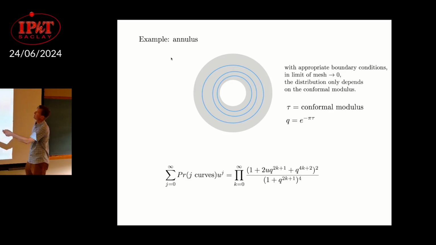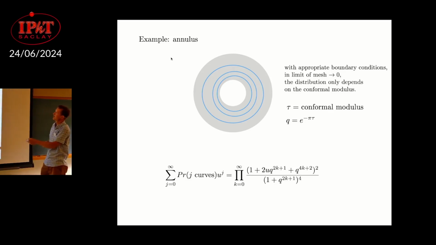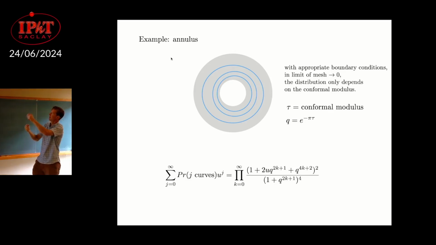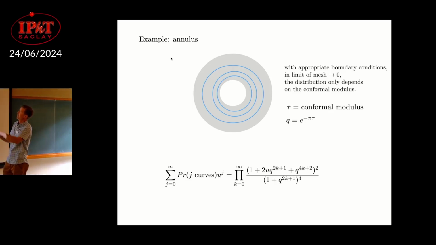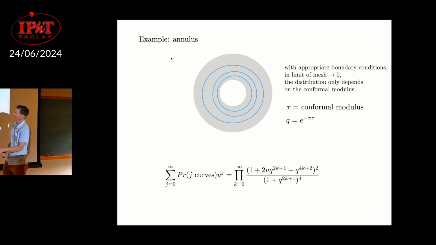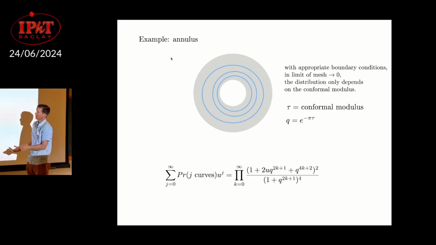So here's a scaling limit calculation for a very simple surface, which is an annulus, or if you like a surface with just a single puncture. If you let the mesh go to 0 for the double dimer model, you can ask how many double dimer curves are topologically non-trivial, going around the annulus. And the answer is very pretty.